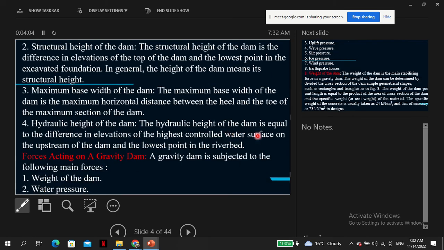So the hydraulic height of the dam is equal to the difference in elevation of the highest controlled water surface on the upstream of the dam and the lowest point in the riverbed. Basically, the functional water height that will be imposed on the dam.